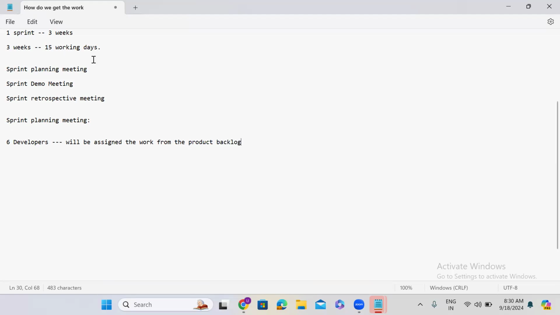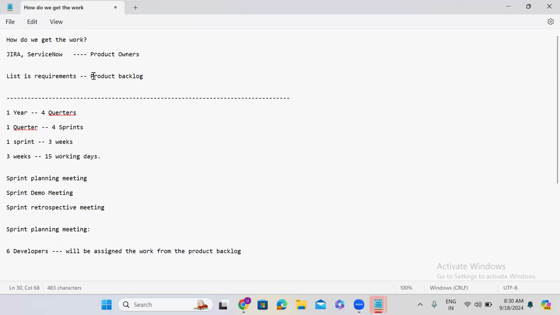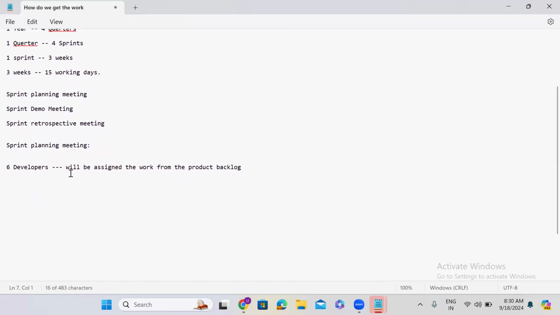So there is a product backlog, I told you, right? A list of requirements is a product backlog. From this product backlog, developers will be assigned work in the sprint planning meeting.